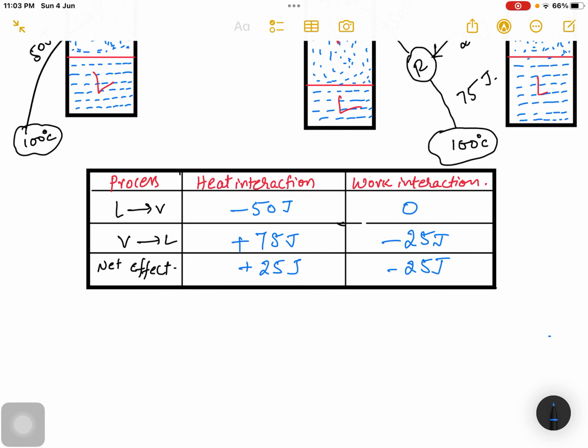Here, it is an externally irreversible process, and there is a loss in the surrounding.